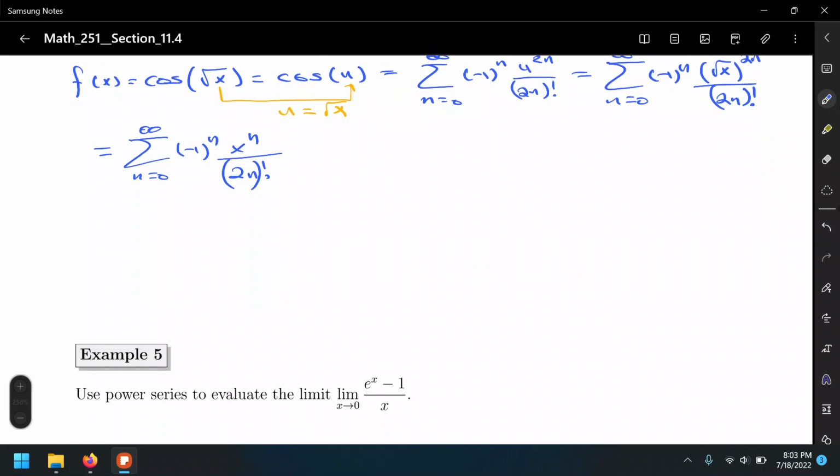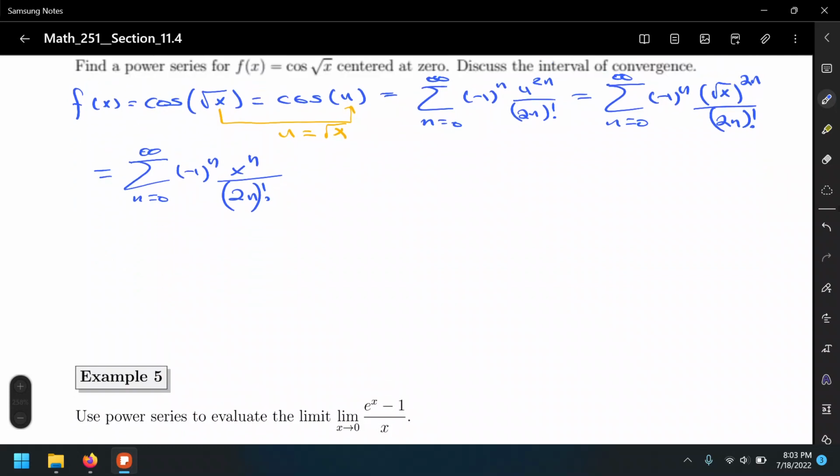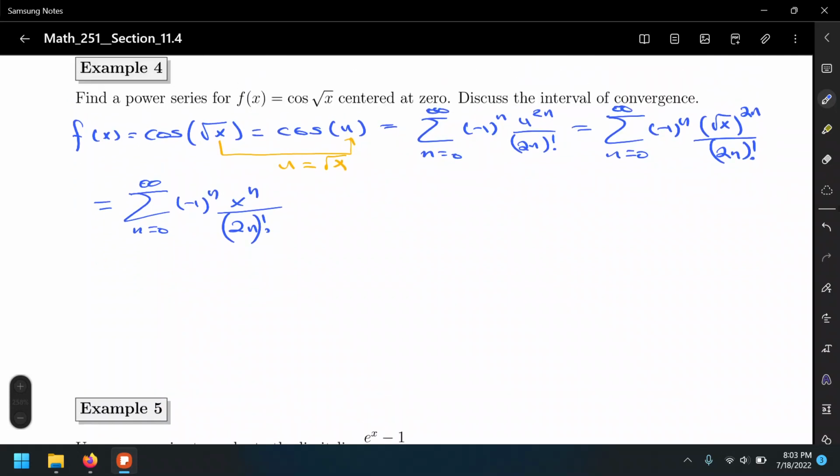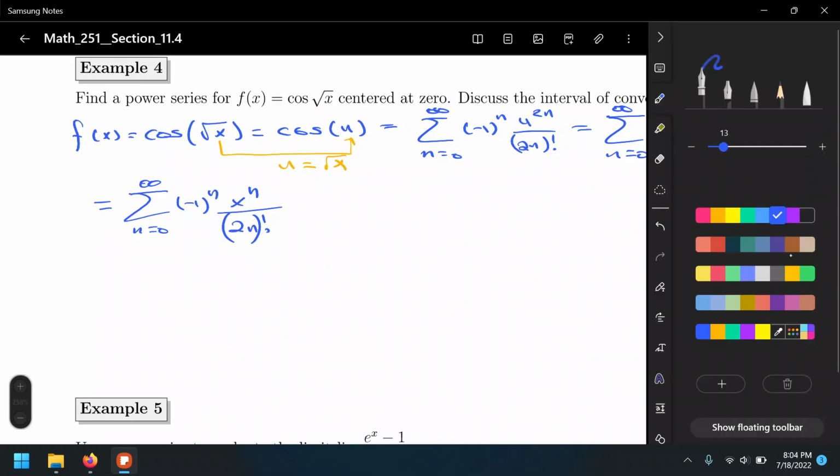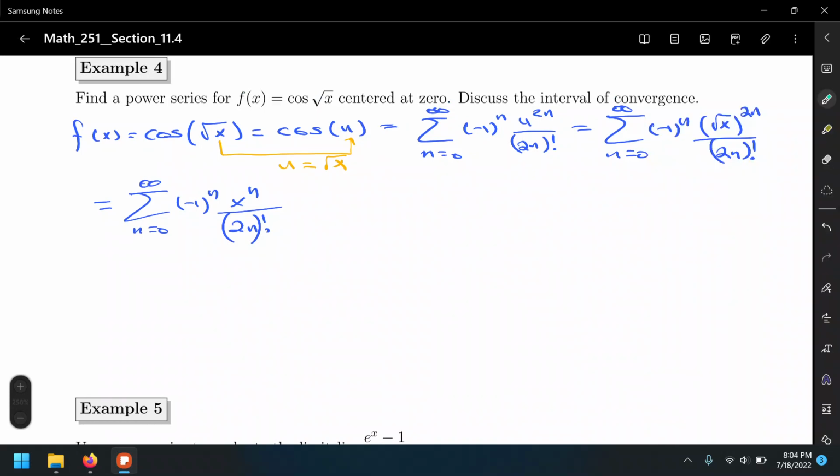So for this series, let's discuss the interval of convergence. Your initial thought right here is that the interval of convergence for cosine is all real numbers, negative infinity to positive infinity.